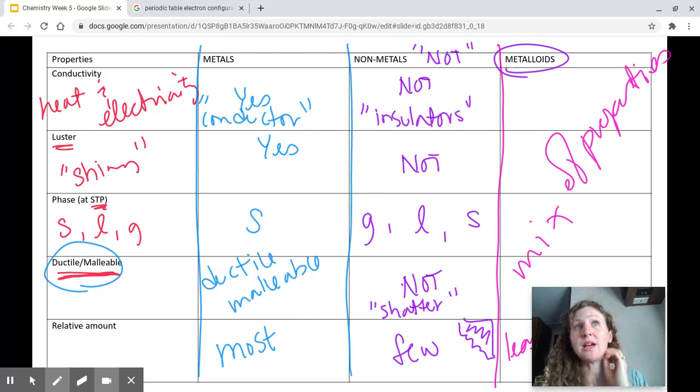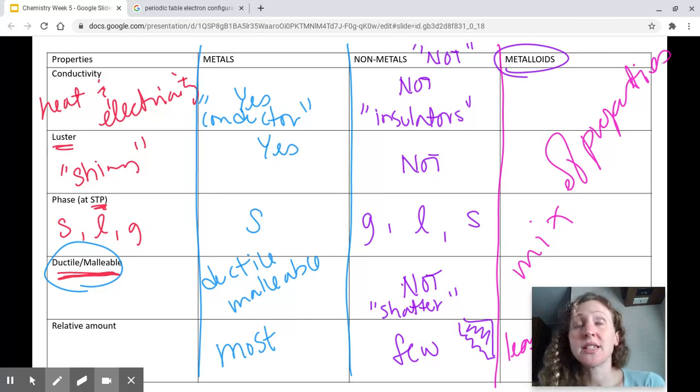One metalloid might be shiny and conductive, but not malleable. Another metalloid might be malleable and shiny, but not conductive. So all the metalloids kind of take on their own personality, and they don't really fit super well into one category. And this can be a big strength of metalloids too.